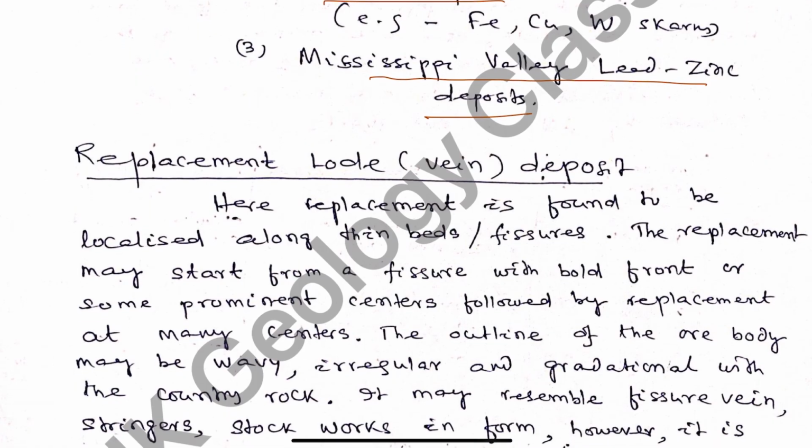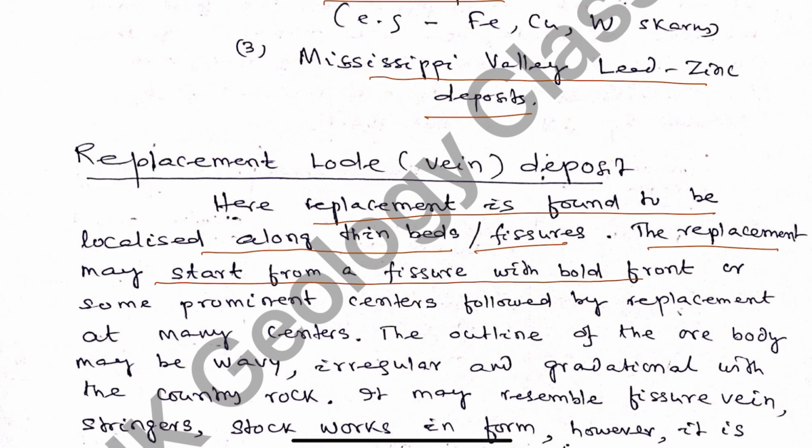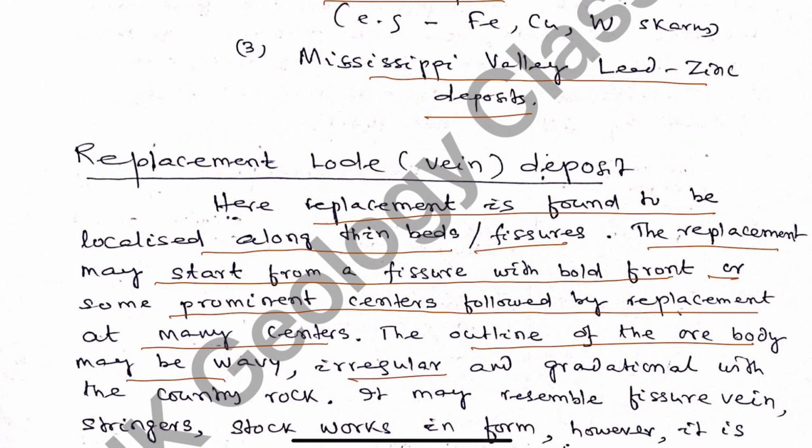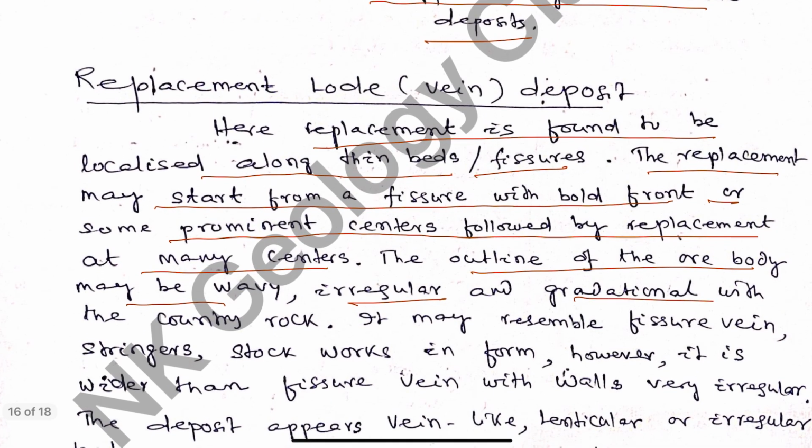Then let us discuss the lode deposit or vein deposit. Here replacement is localized along thin beds or fissures, vein-like. The replacement may start from the fissure with a bold front or some prominent centers, followed by replacement at many centers. The outline of the ore body may be wavy, irregular and gradational with the country rock.